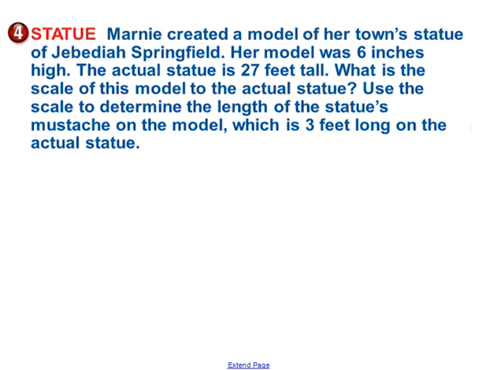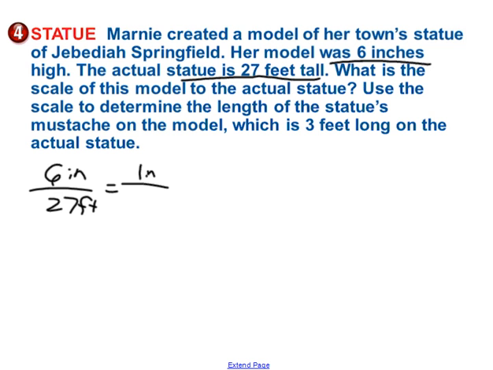Similar problem, this one deals with a statue in Springfield, and this student built a model that was 6 inches tall. The actual statue is 27 feet tall, so that gives me my ratio of 6 inches to 27 feet. So I try to reduce that to 1 inch to an unknown. 27 times 1 is 27. 6 times x is 6x.